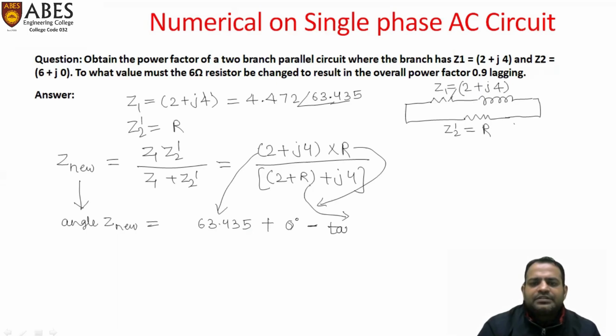So tan inverse imaginary upon real, 4 upon 2 plus R. And we know that the new power factor cos phi new would be 0.9. So what is the phi new? Cos inverse 0.9.